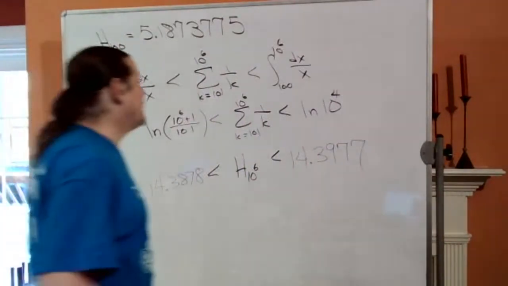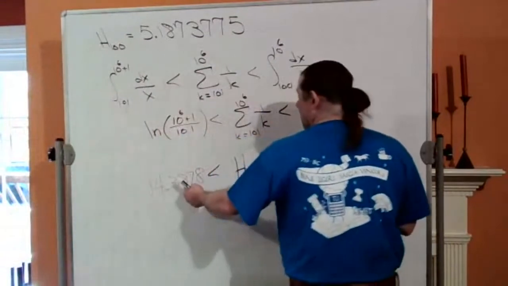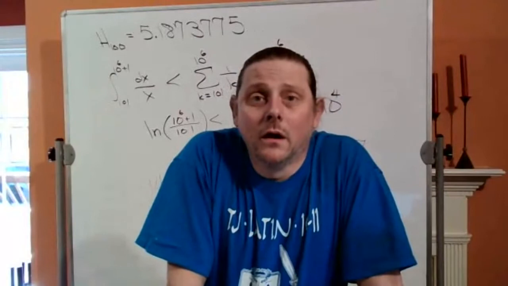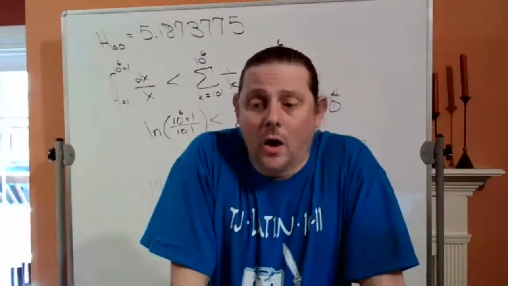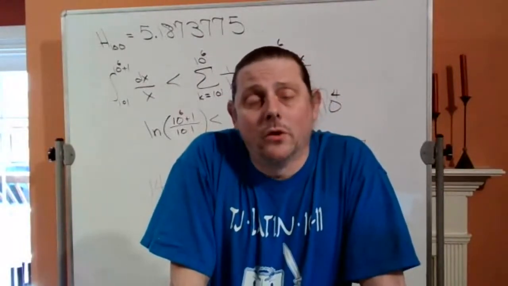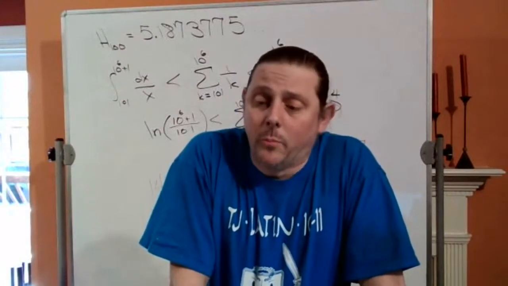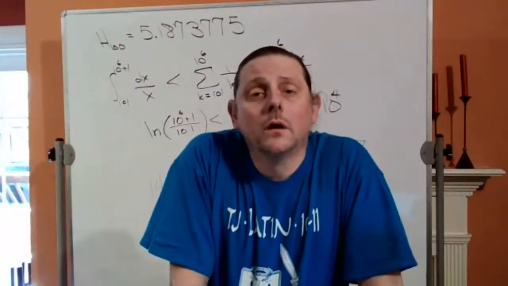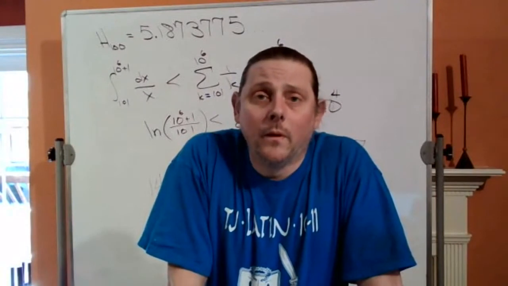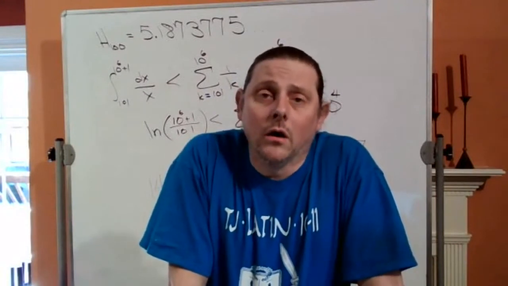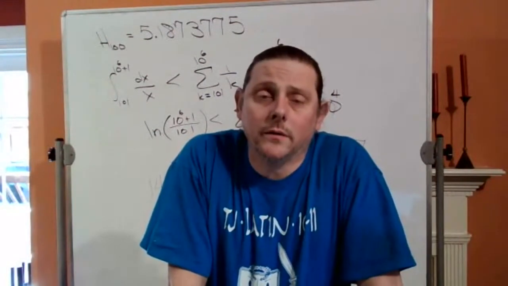Moreover, this error that we got is essentially independent of the upper bound. We added up to 1,000,000 and we got an error of 0.01. Had we added up the first 1,000,000,000 terms, we would also have an error of 0.01.